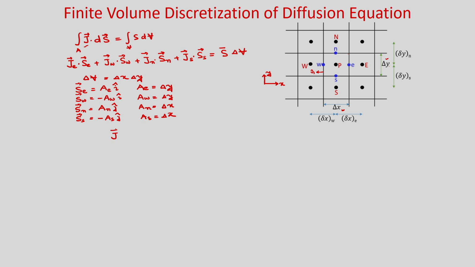Now, let us make the dot product with J. J we have already defined as minus gamma into grad phi. Now we have to make the dot product with the surface vector.